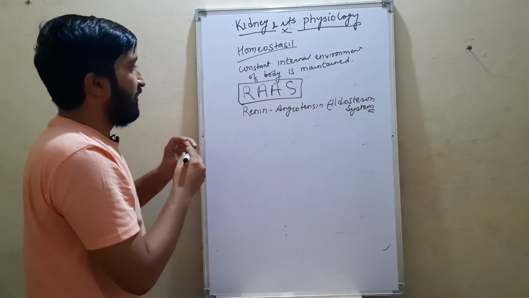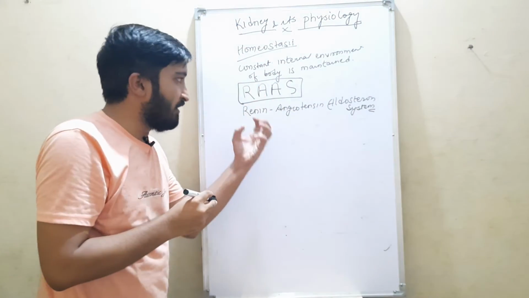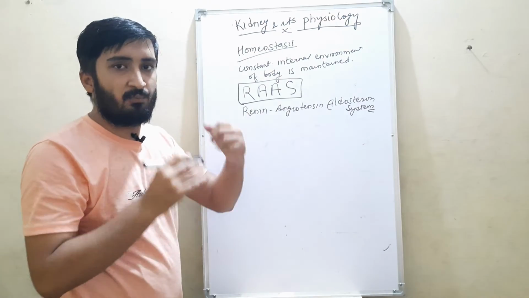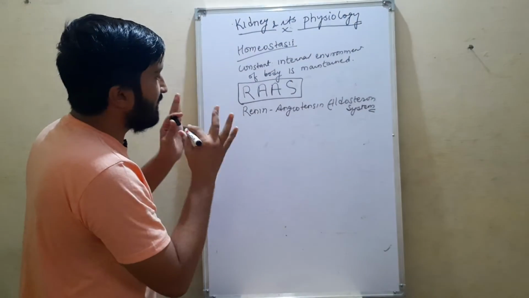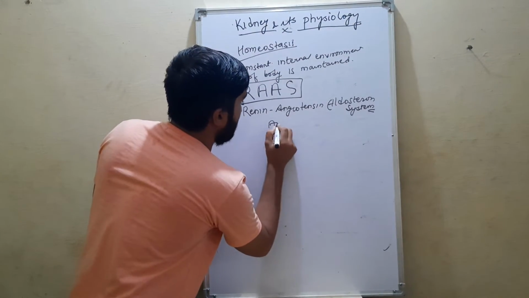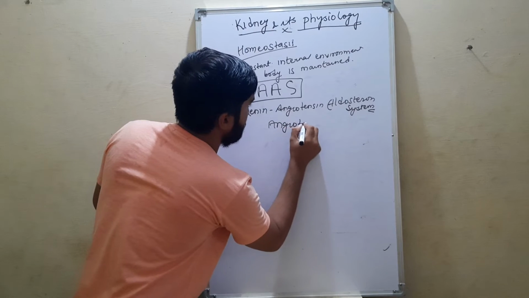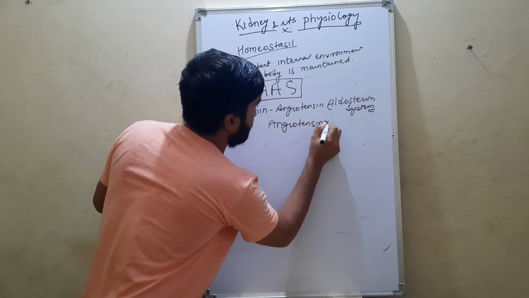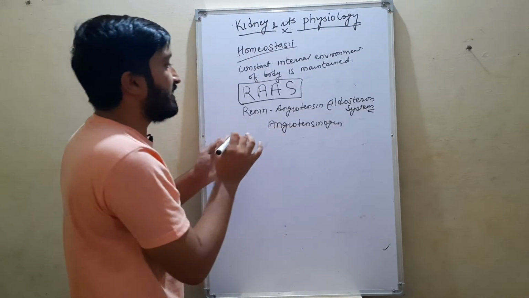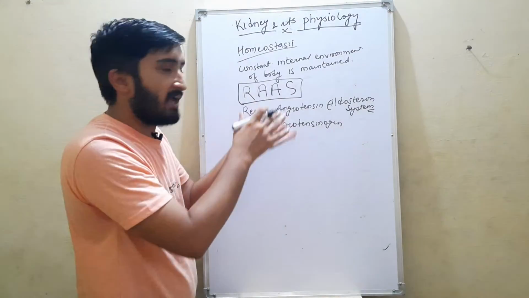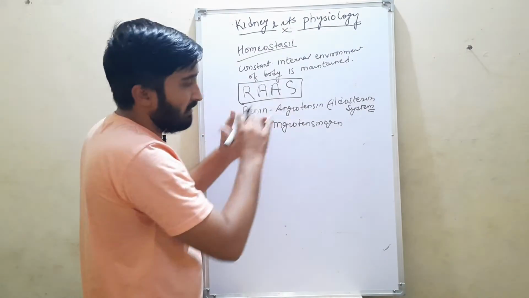Okay, now when the body fluid is decreased, that is hypovolemia, angiotensinogen is secreted from the liver into the plasma. It is constantly secreted into the plasma.